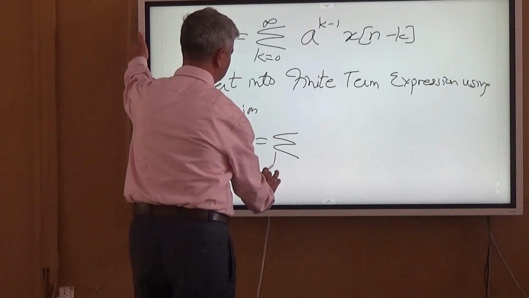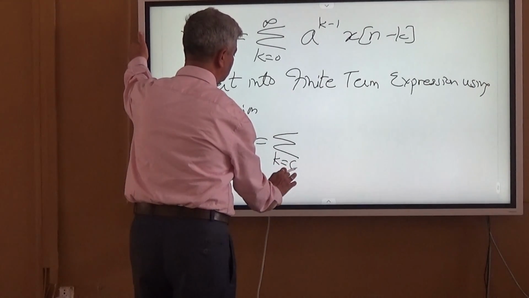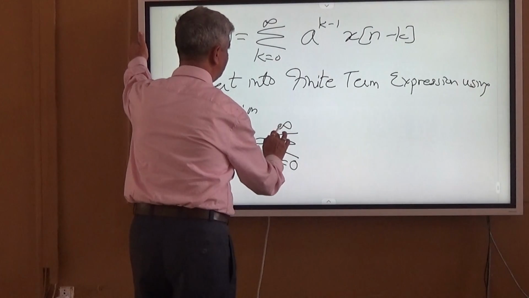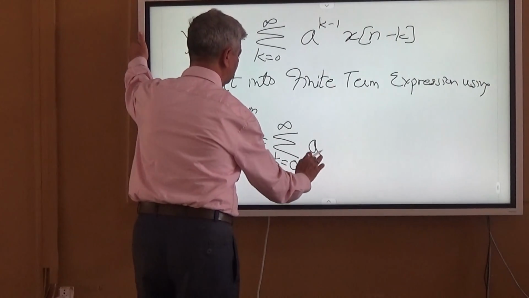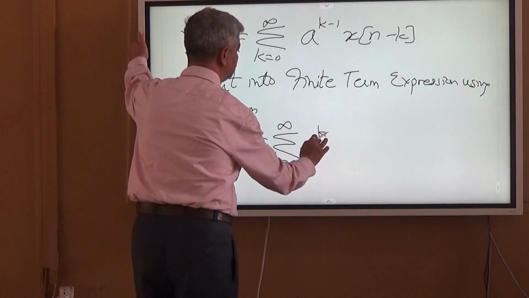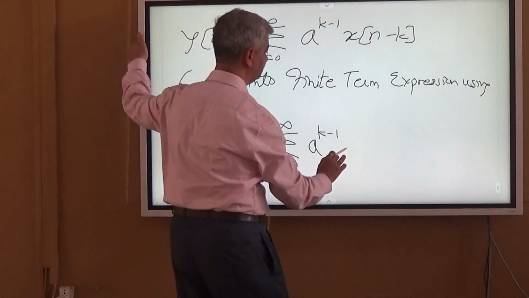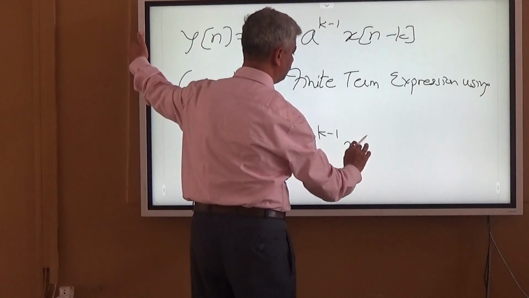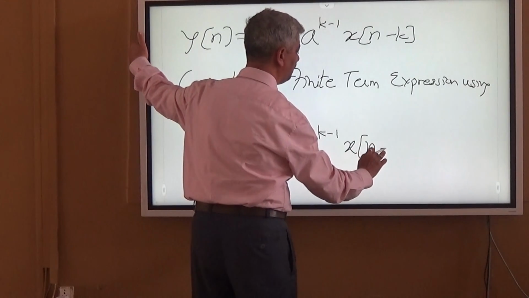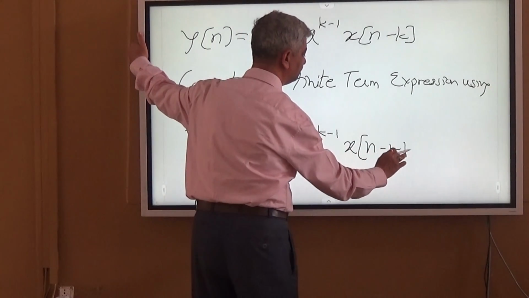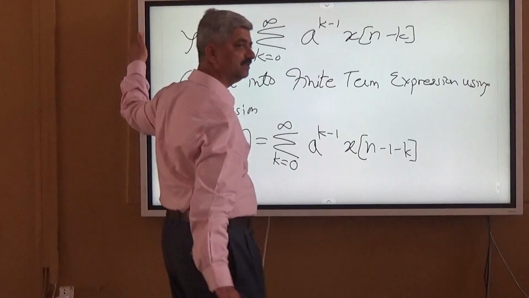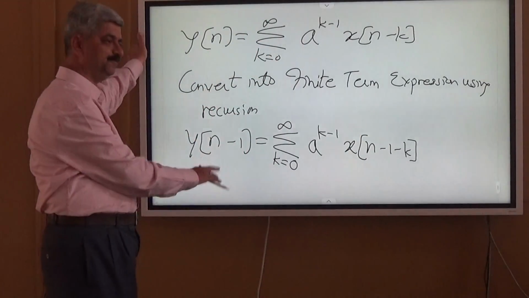Summation k equal to 0 to infinity a raised to k minus 1 x of n minus 1. Is it right?